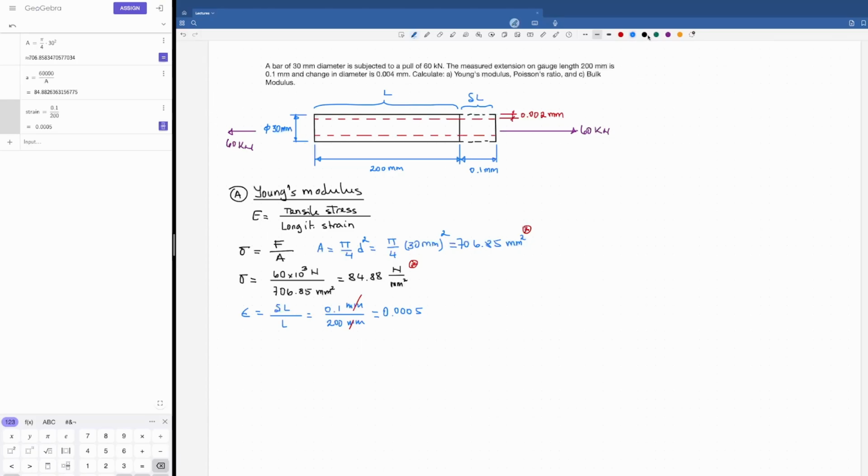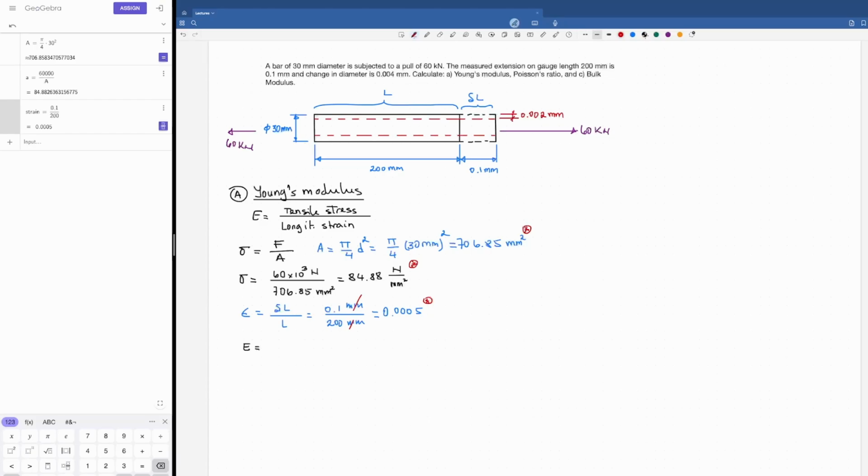Now, the Young's modulus is going to be the stress result divided by the strain result. Let me mark it here because this is important, I'm going to use it maybe later.